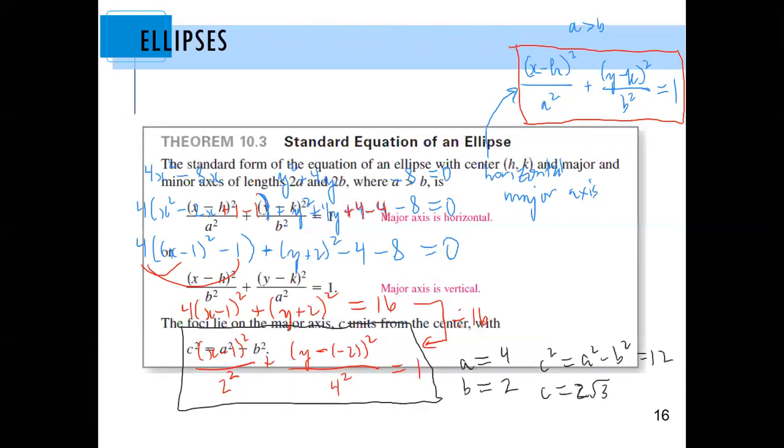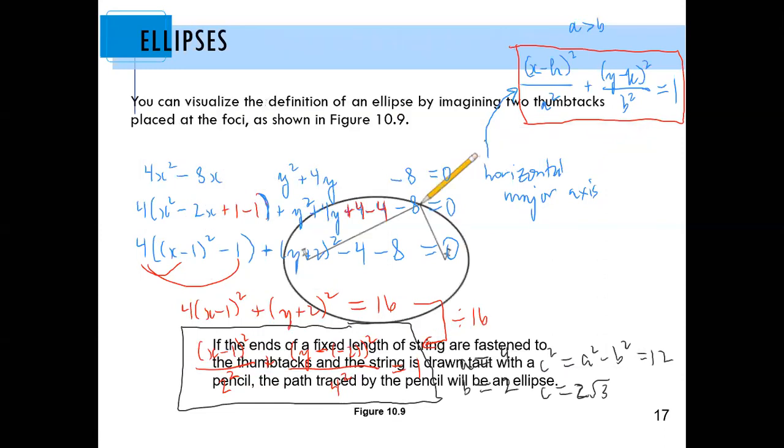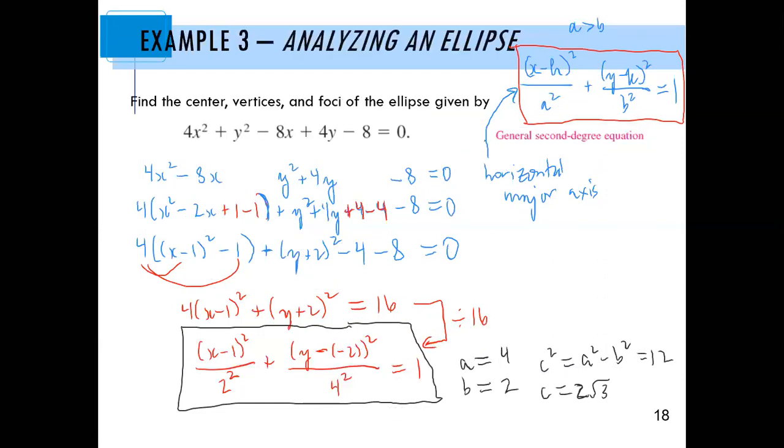Remember? So what's going on here? What's the major axis in this case? Is it horizontal? No, it's vertical. Here we have a vertical major axis. That makes sense?